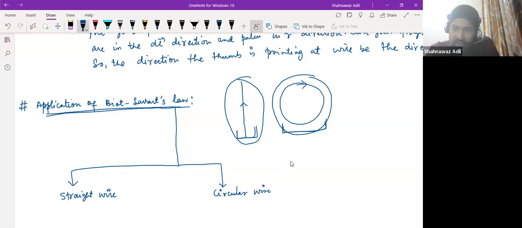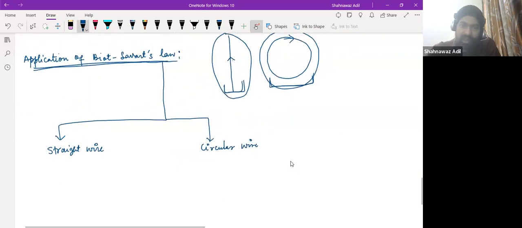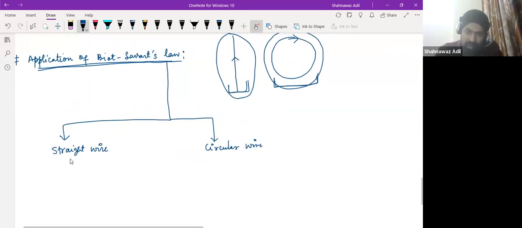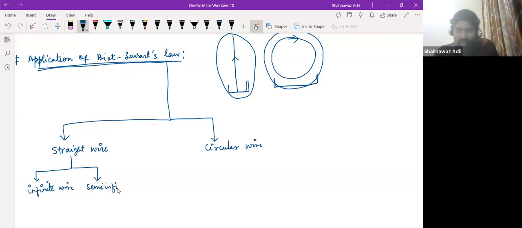The straight wire is of two kinds: one is the infinite wire, and the other is the semi-infinite wire. We don't have the finite wire case in our syllabus.